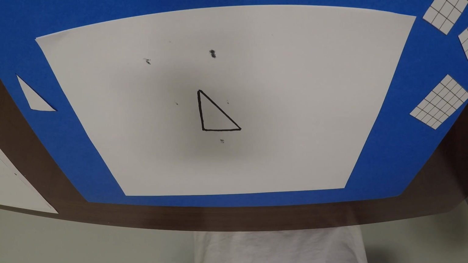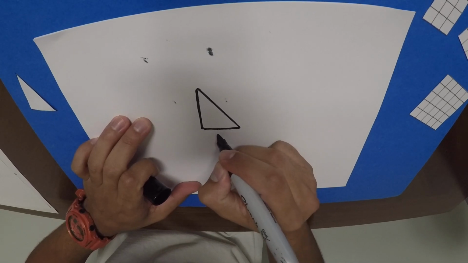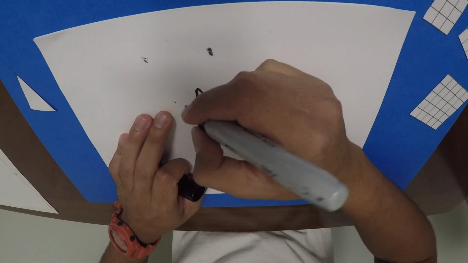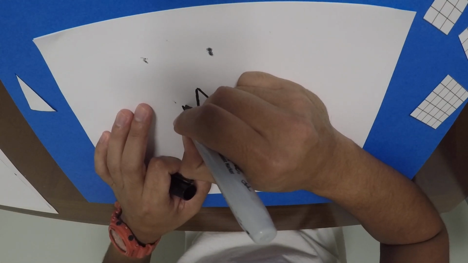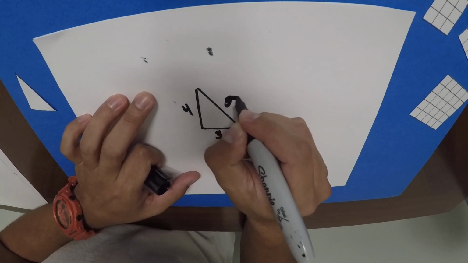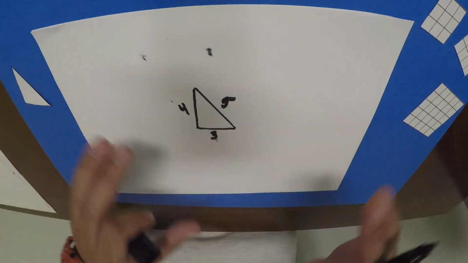We're going to label this side 3, this length 4, and then we're going to make this one 5. And I'm going to show you why we already know this.